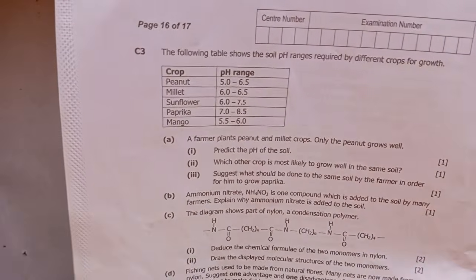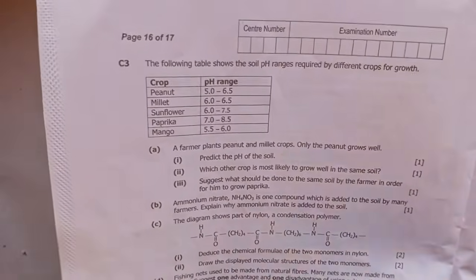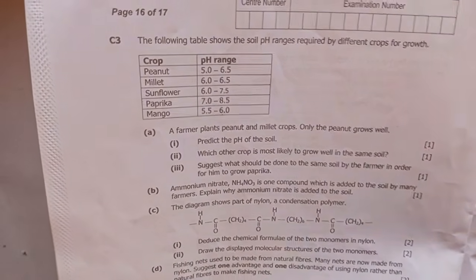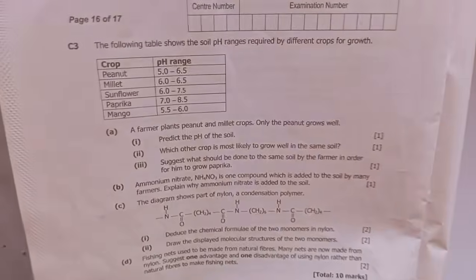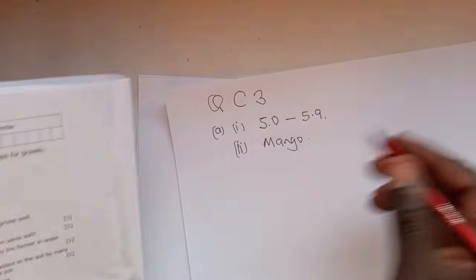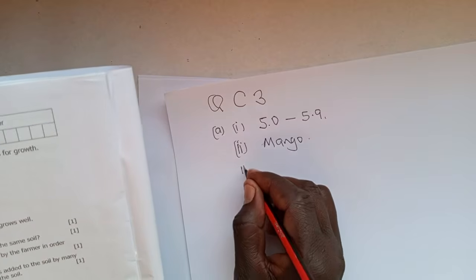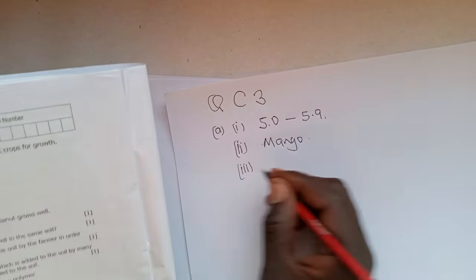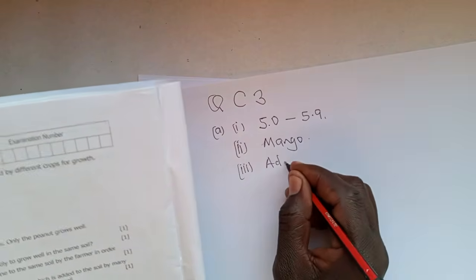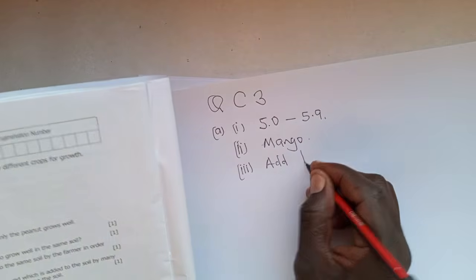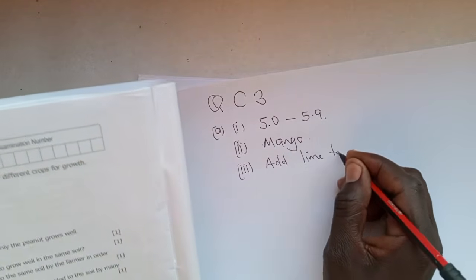So we need to add something which is going to neutralize the soil. When we are looking at chemicals that neutralize acidic soil, one of them is lime. Actually, it's the best. So the answer here would be, if we are to correctly suggest, add lime to the soil.